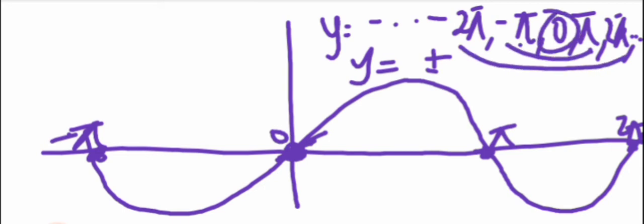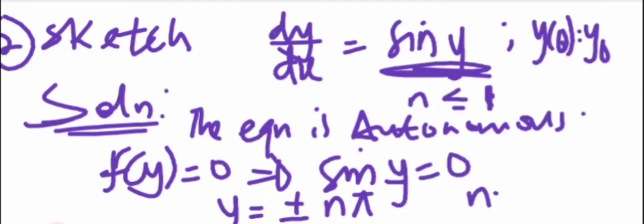So we just contracted it to say that y is equal to plus or minus n pi, because you see this is repeating, where n is equal to 0, 1, up to infinity. So we have this critical point.